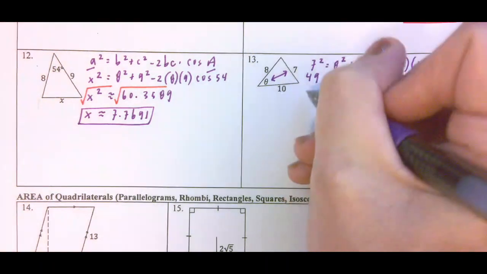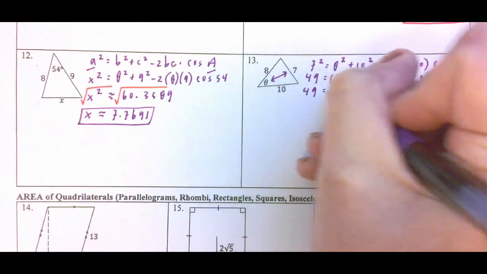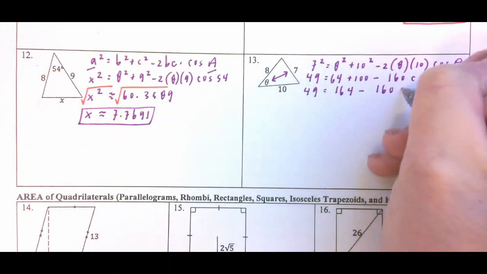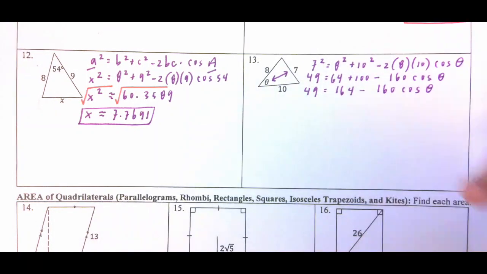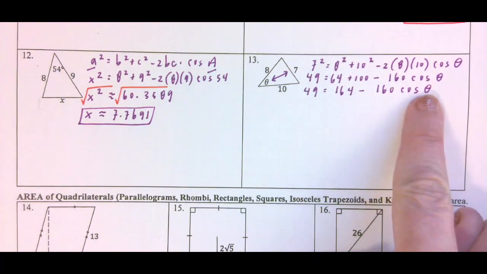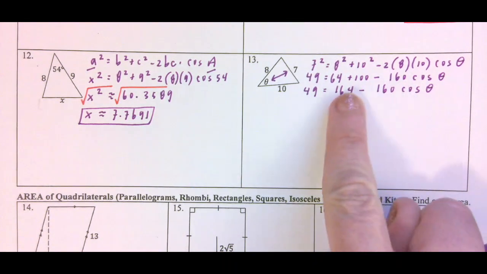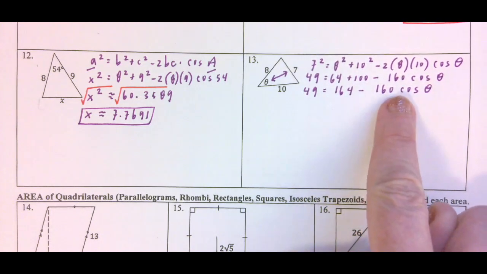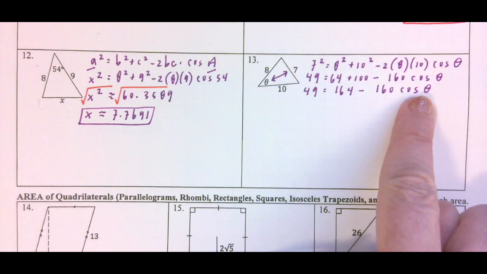Okay, if I keep going, now I have 49 equals 164 minus 160 times cosine theta. Now here's the thing, this is a product. This is being multiplied. I cannot combine that 164 minus 160 because the 160 is attached to the cosine theta.